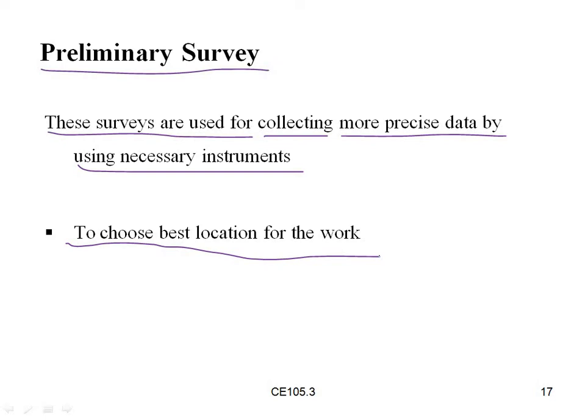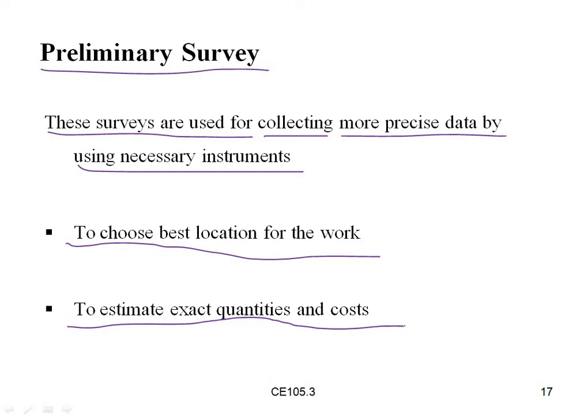So for this we have to collect the data. Whatever data you are collecting for any project or any structure work, that is known as the preliminary survey. And next, to estimate exact quantities and cost. In the preliminary survey, we will be estimating the exact quantities and cost. So how will we estimate?